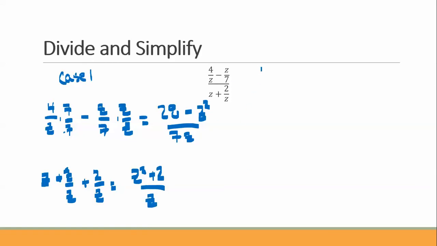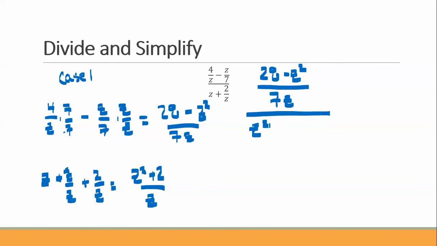So then our numerator was 28 minus z squared over 7z, all divided by z squared plus 2 over z.